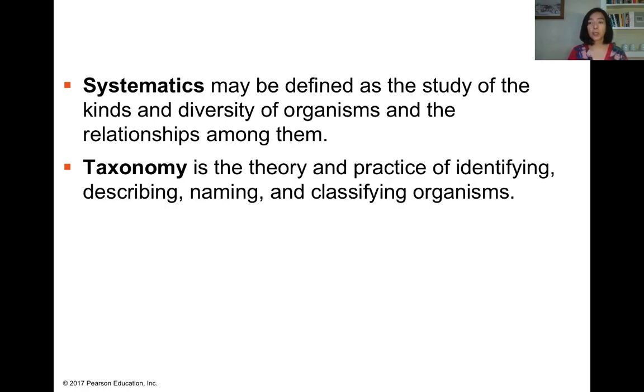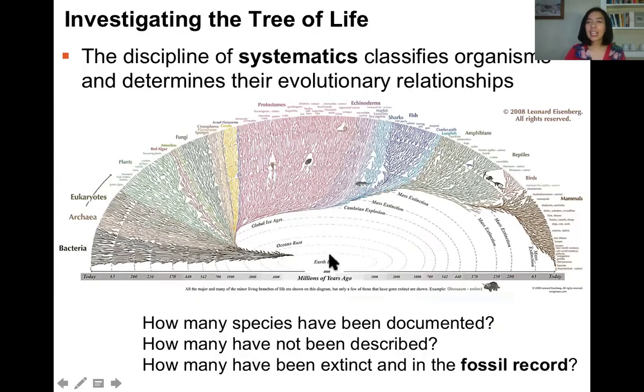That means you can put all of the species that are pink in the pink box, but you don't care whether species A and B are more closely related to each other than to species C. Hopefully you understand that.